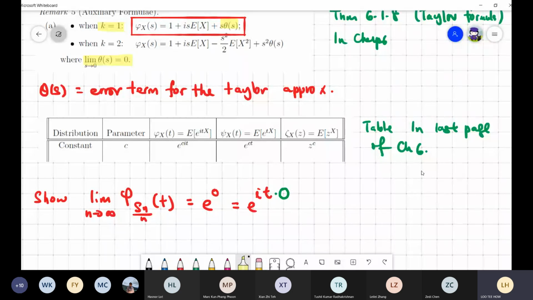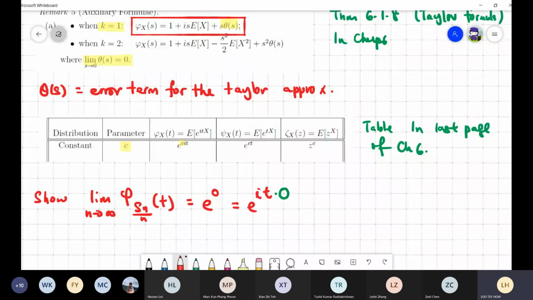So this is the c here. Then, once we are able to show this, the limit for phi of Sn over n at t is e to the power of 0.